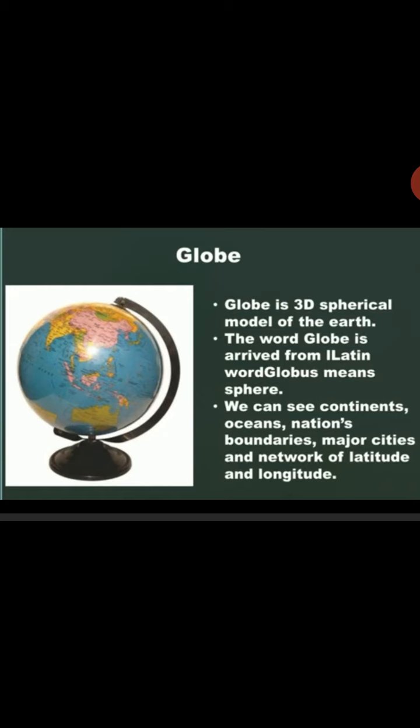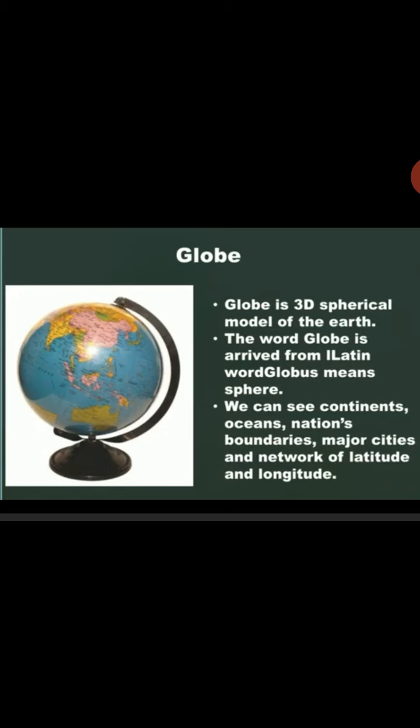So students, write down the points which you have seen in the picture about the globe. Okay, so there are these points. First point: the globe is a 3D spherical model of the earth. As I told, a 3D model. The word globe is derived from the Latin word globus, meaning sphere.